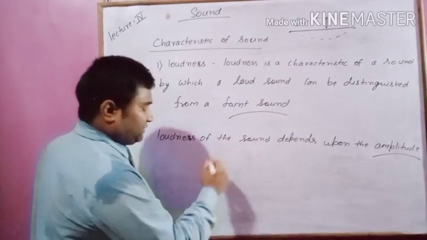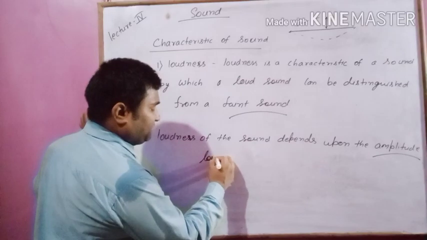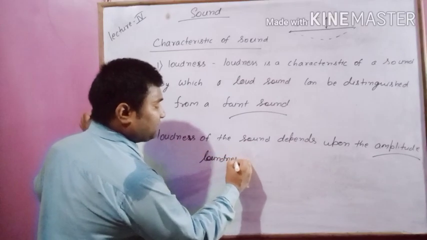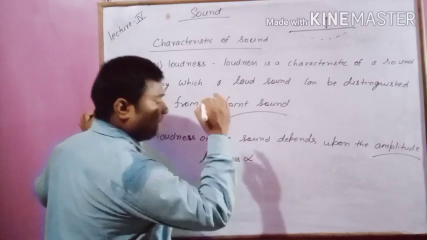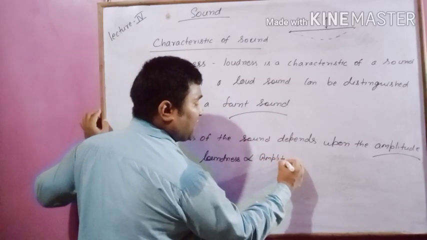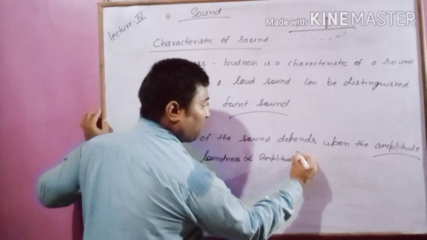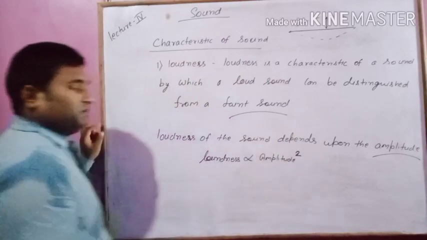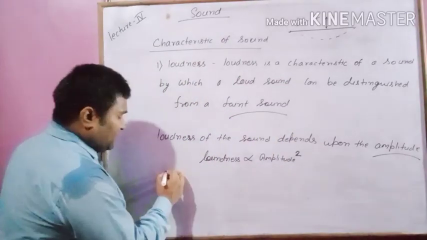Just to understand, I am saying loudness is directly proportional to the square of the amplitude. What does it mean?